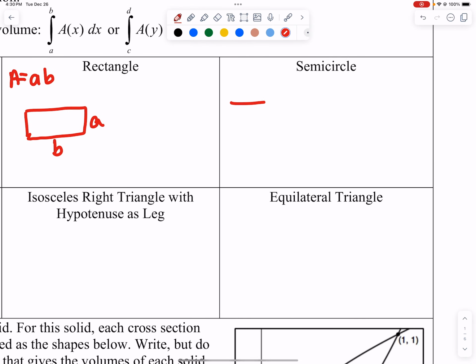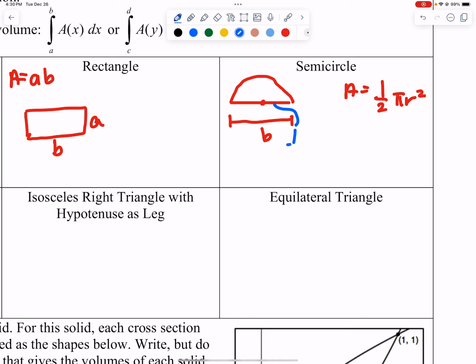A semicircle, this one gets a little bit tricky because remember that the area of a semicircle is just 1/2 pi r squared. However, this whole thing's your base, and you want everything to be in terms of b. So we know that your radius right here is going to be 1/2 b and 1/2 b.